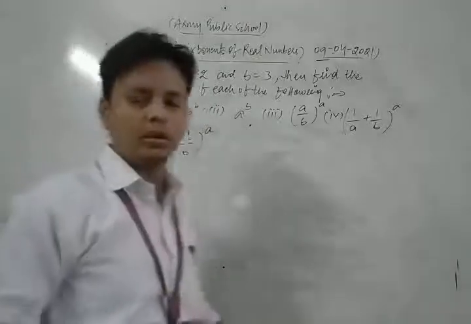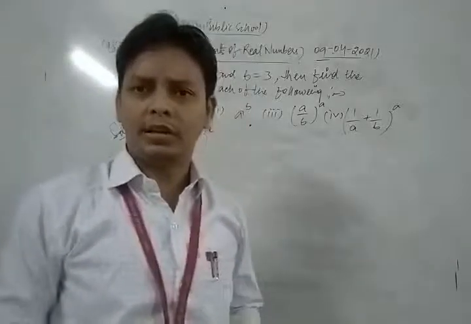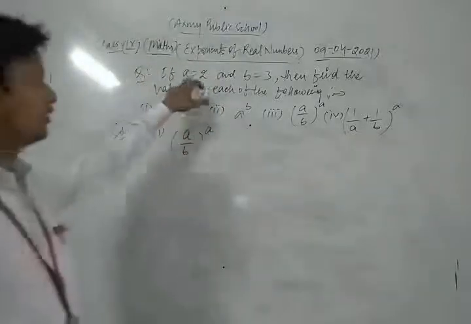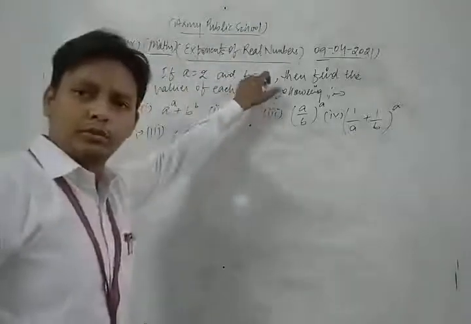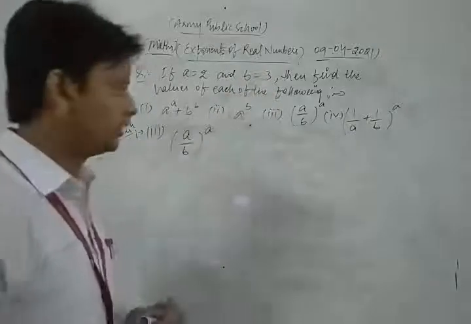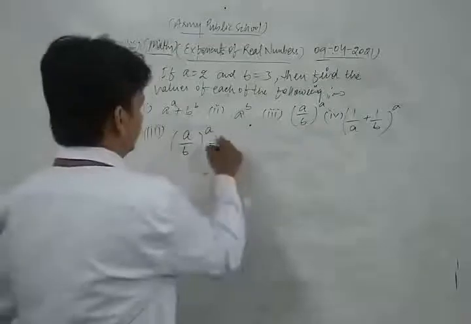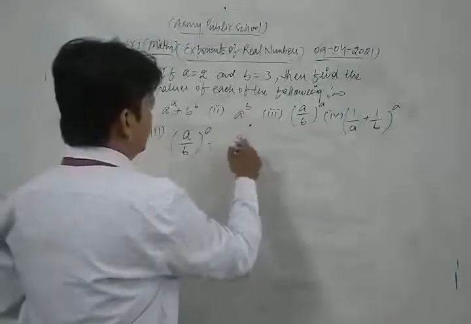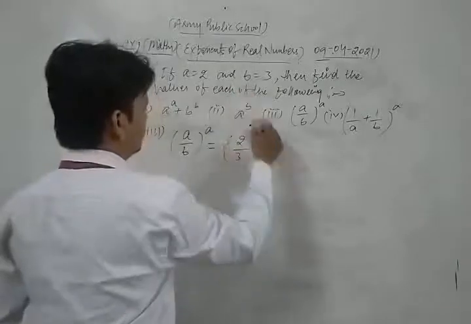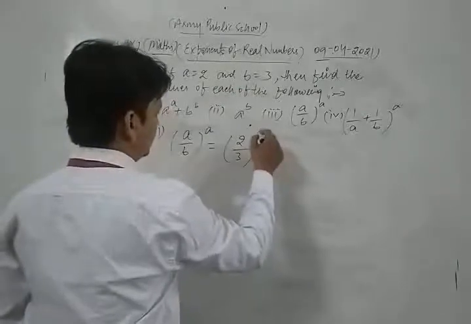Okay, now we put the values of a and b in this expression. So we get a is 2, the value of b is 3, to the whole power a, which means 2.